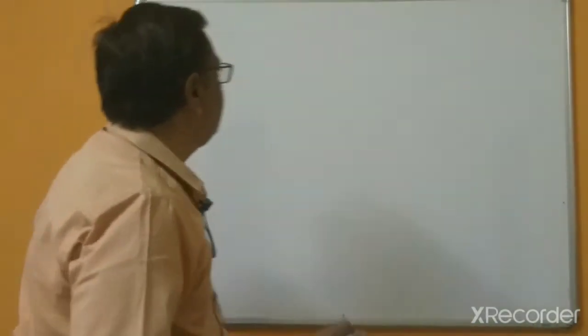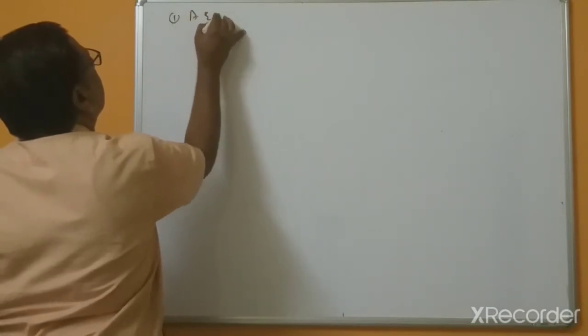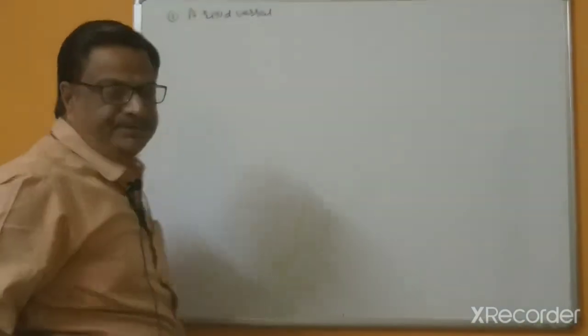Today's first problem: a rigid vessel. Rigid means that the volume, whatever the shape of the vessel, will not change. So that is called rigid.